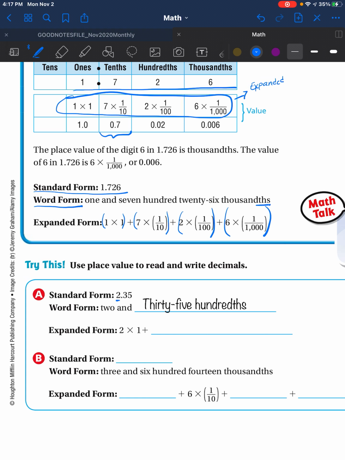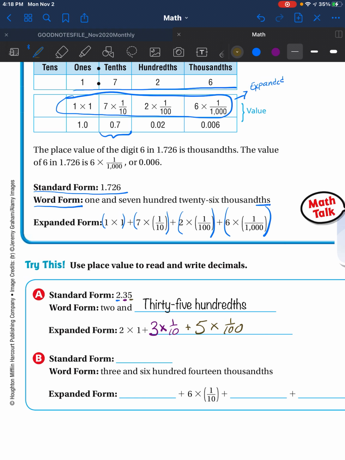So that is going to look like 3 times 1/10, because I have a 3 in the tenths. And then I have a 5 in my hundredths, so it's going to be plus 5 times 1/100.